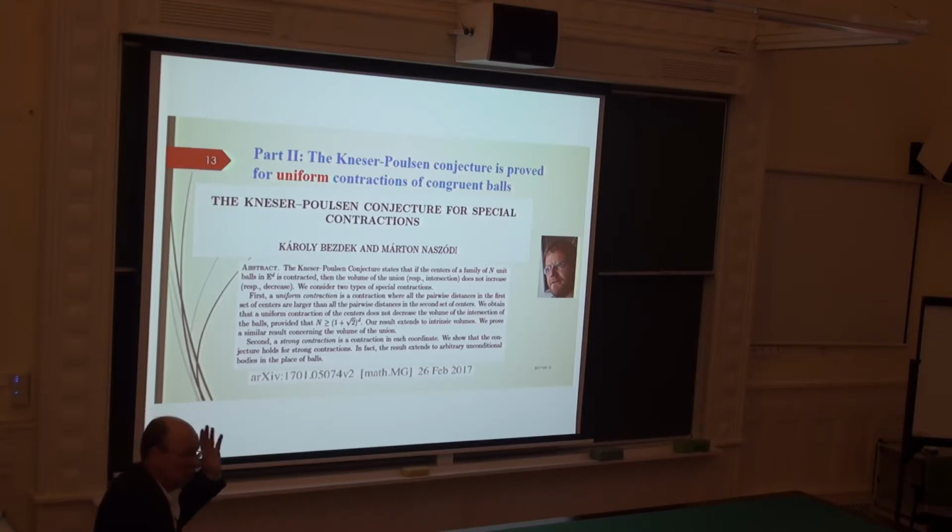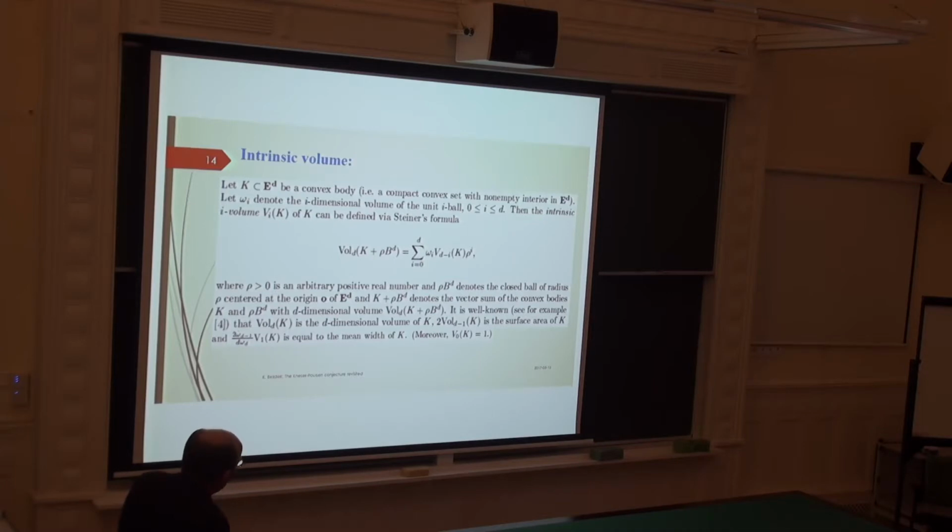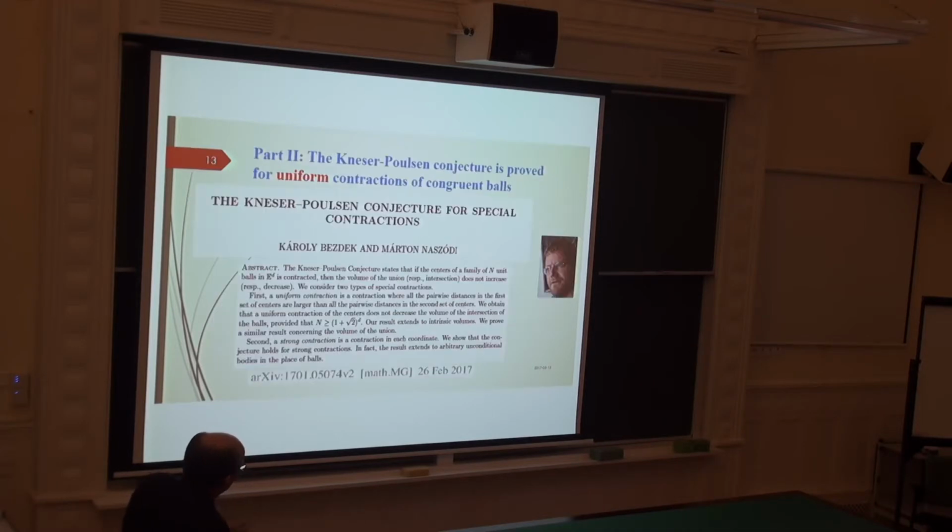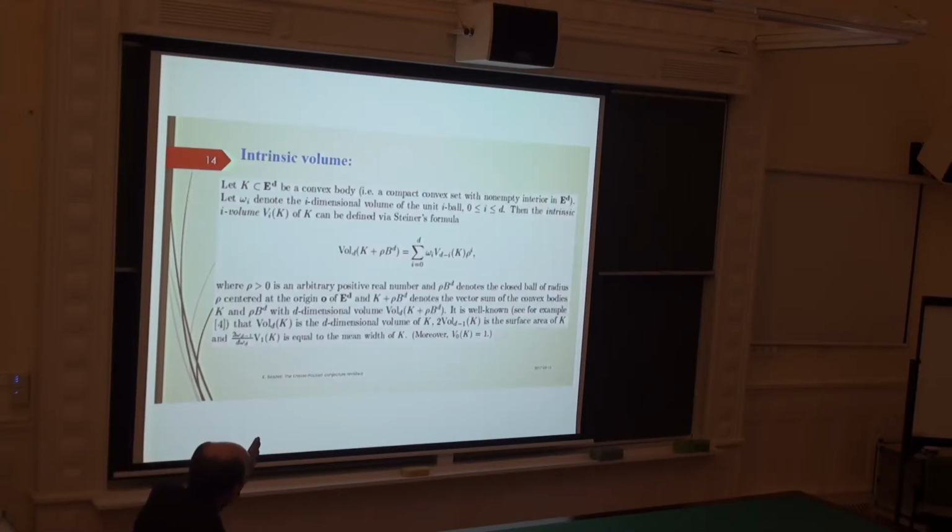The notion of uniform contraction comes from Peter Pivovarov. He introduced this, and we have to thank him for coming up with this notion. Before I state the theorem, I need one little technicality. I want to use intrinsic volumes for the statement, so this is just a brief reminder.